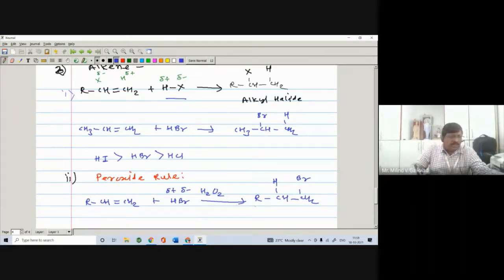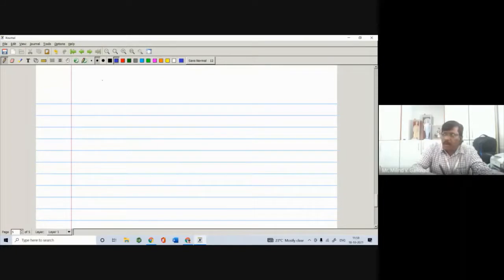So these are the preparations of alkyl halide starting from the corresponding alkene. You have seen the preparation starting from alcohol and the preparation starting from alkene. Now the next point is the chemical reactions given by alkyl halide, the chemical reactions of RX.